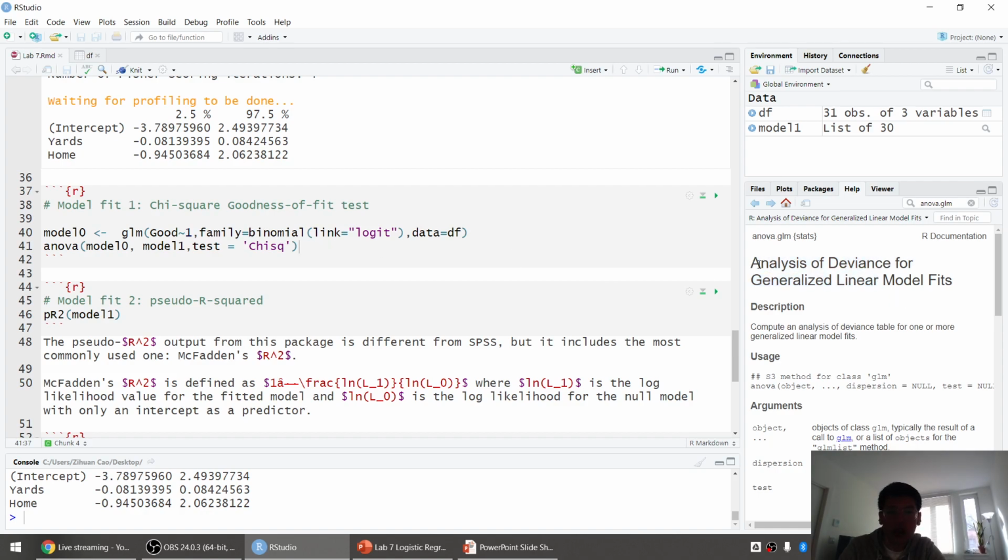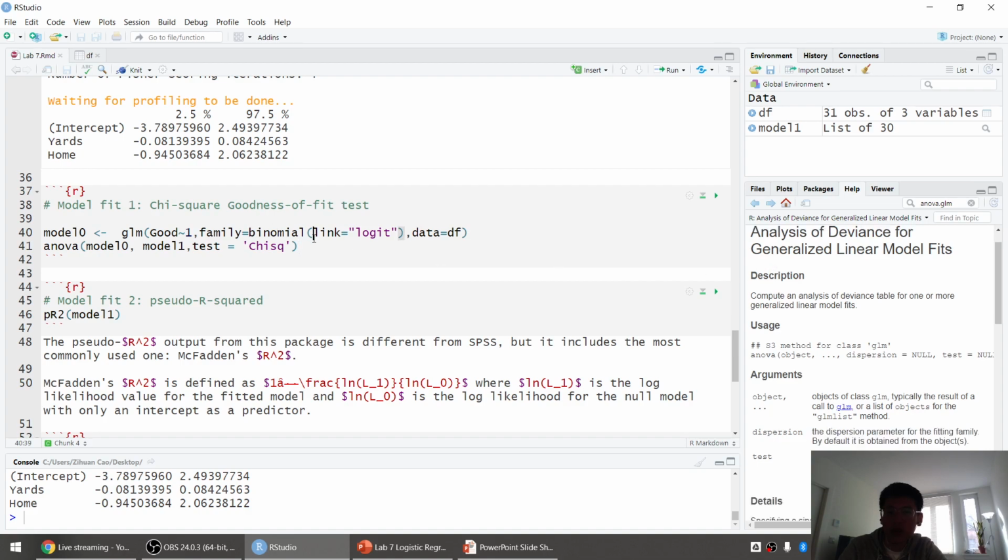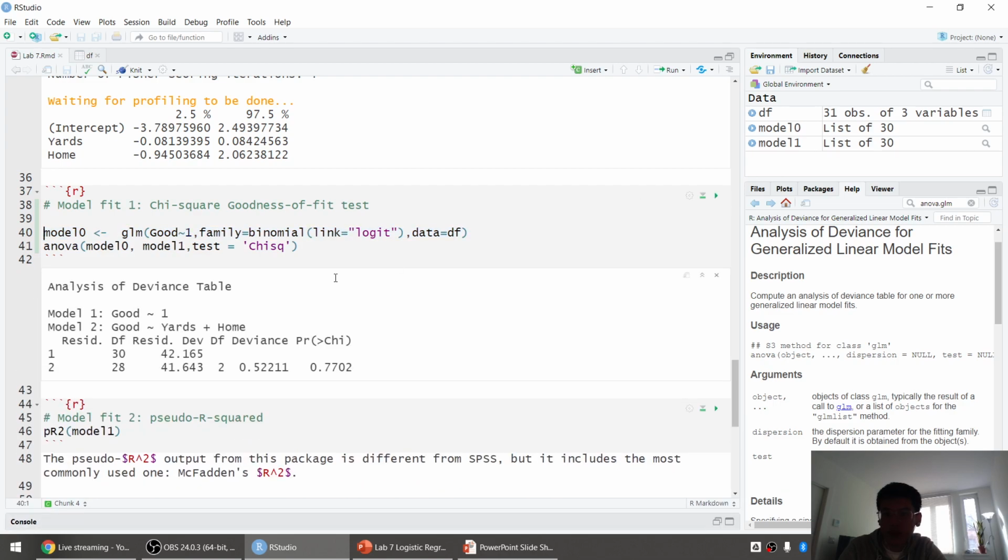So we are actually doing the analysis of deviance for generalized linear model fits, right? And we are using the chi-square test to test our significance, and our null model here is just the model without any predictors.